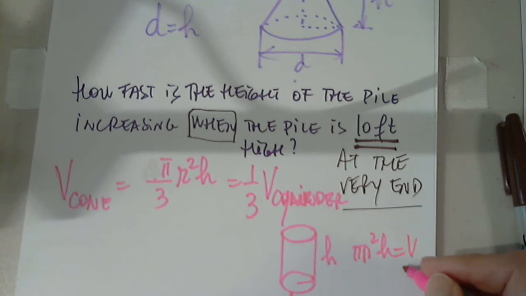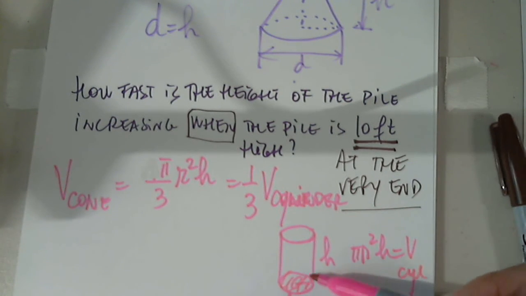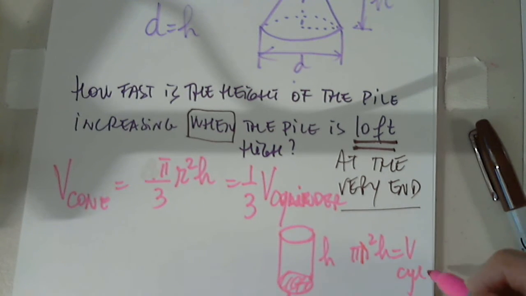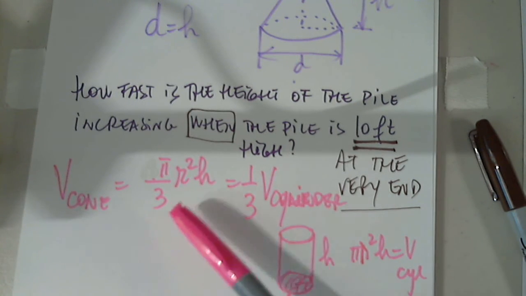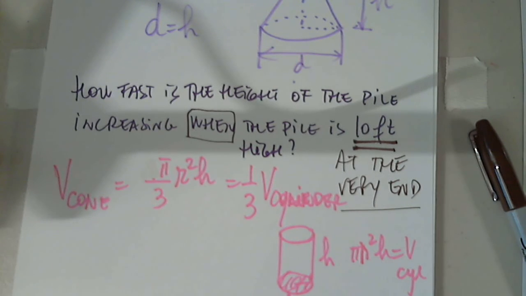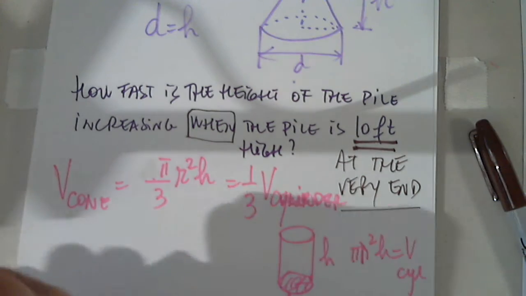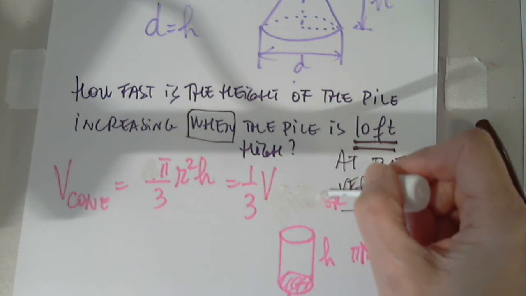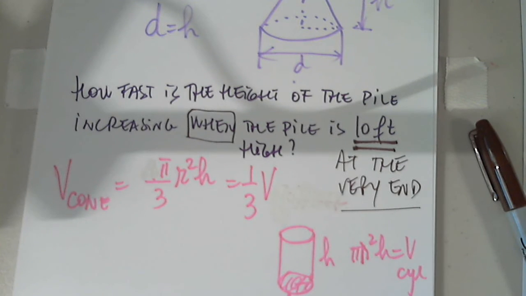So the volume of the cylinder is the area of the base times the height, pi r squared multiplied by h, and the cone is 1/3 of it. 4 pi over 3 r cubed is the volume of a sphere. So it's 1/3 of the volume of a cylinder. Sorry about that. Cylinder.